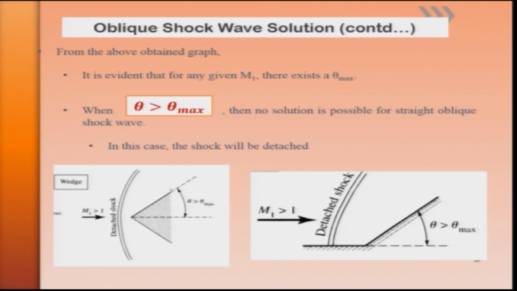However, this can also occur on a conical body, something like this, which is shown as a 2D wedge. If theta is more than theta maximum, the oblique shock which used to remain at the vertex here cannot remain attached, and it moves slightly away and stands in this kind of zone. And this kind of shock, which is a detached shock, is also known as a bow shock.